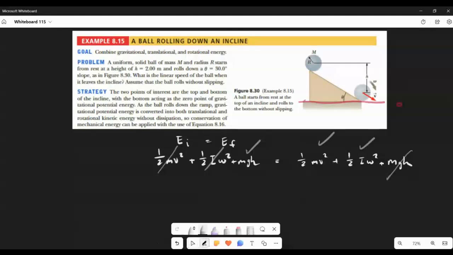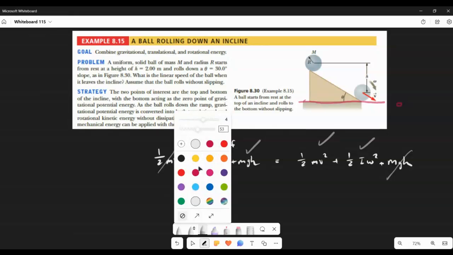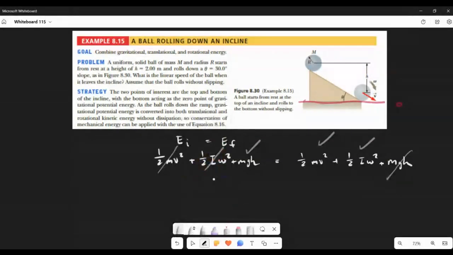Do you guys agree with my formula now? If you do, welcome. That means you belong here. So can you see all we have done is just include an additional term, rotational kinetic energy.